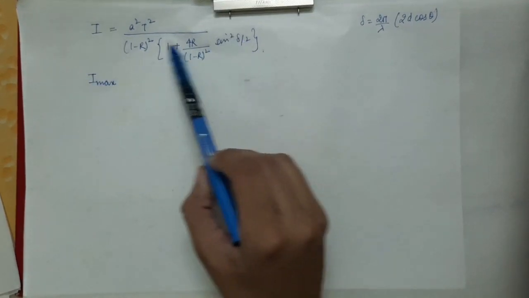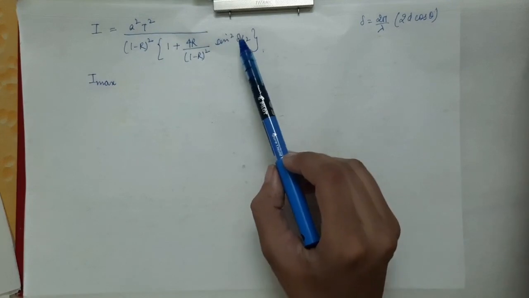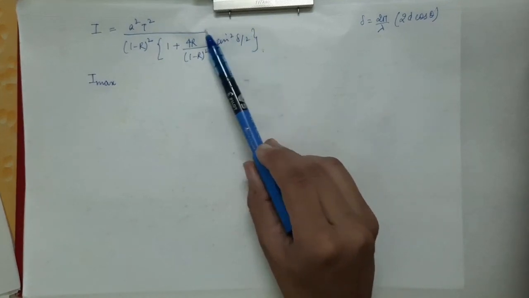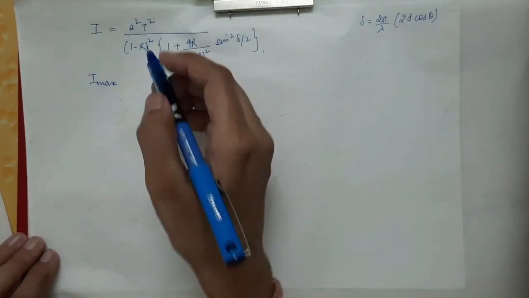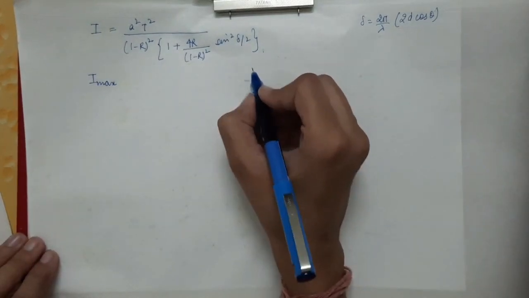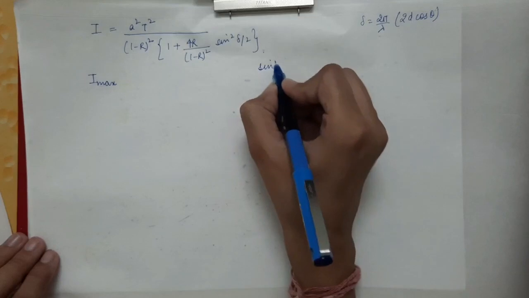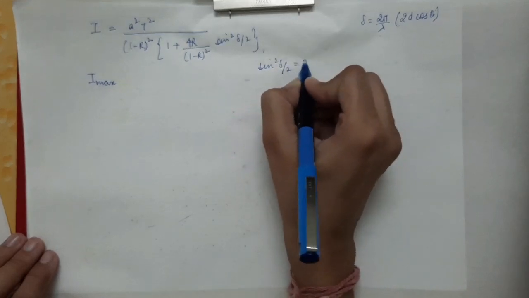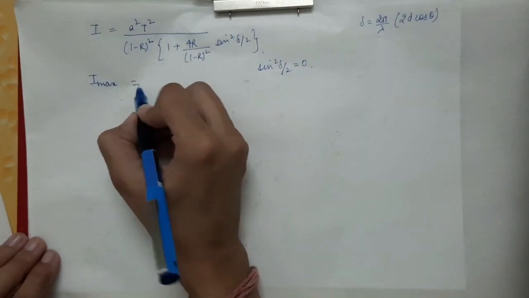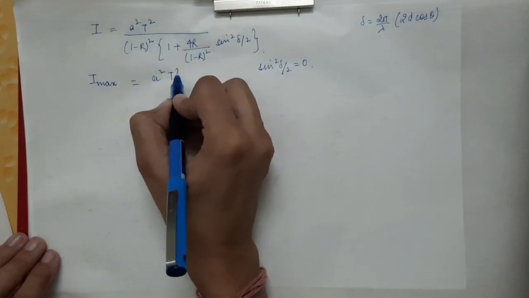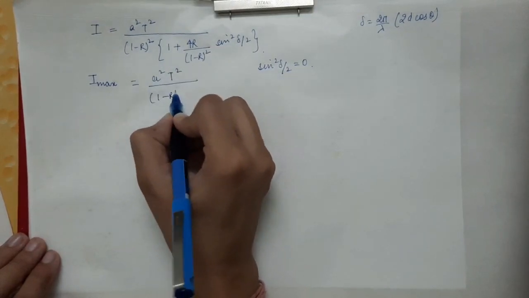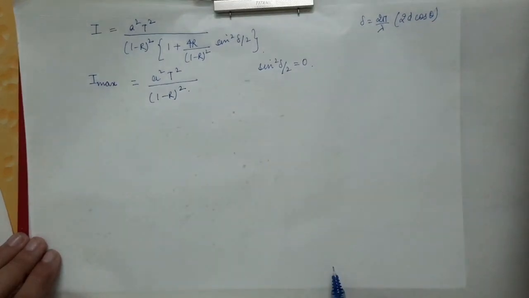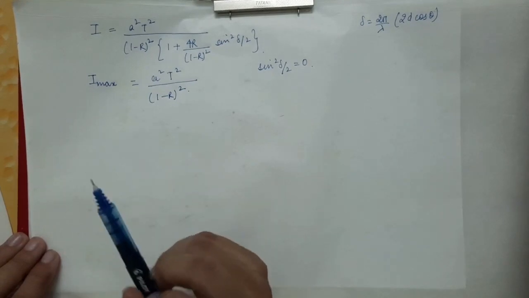So for maximum value, denominator should be minimum, and for minimum denominator, this term should vanish. So for I max, sin square delta by 2 should be equal to 0. And I max will be equal to, in that case, a square t square divided by 1 minus r whole square. So this will be the maximum intensity of the light on the screen.